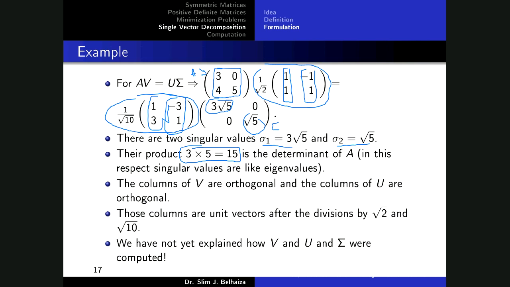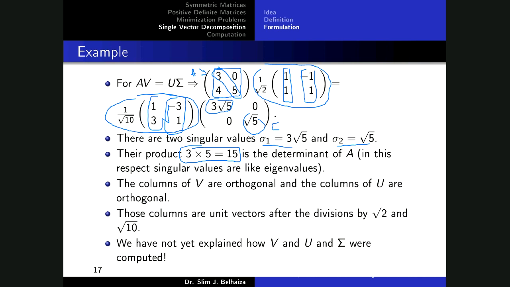Their product here, 3 by 5, if you do the multiplication, is equal to the determinant of A. So somehow it looks like the eigenvalues are here, but they have a different name. So their product 3 times 5 equals 15, which is the determinant of A.